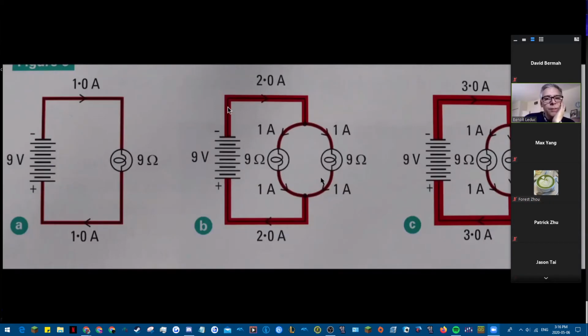So notice here that I'm able to draw twice as much current from the source, in such a way that you have 1 amp going through each load. If I put 3 loads in parallel, I'm drawing 3 times as much current from the source for the same voltage. In the same way, if I keep on putting more and more of those straws in parallel, I'll be able to draw even more water, all right?